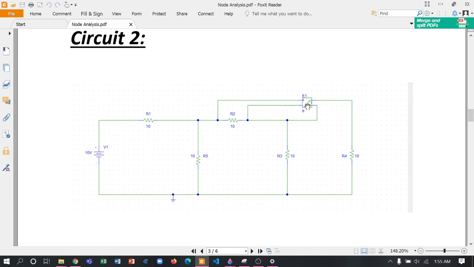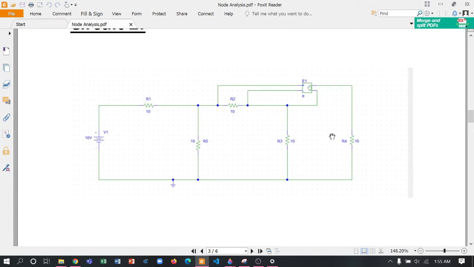A supernode is a voltage source which is connected between two branches and two nodes, and this supernode acts as a node.